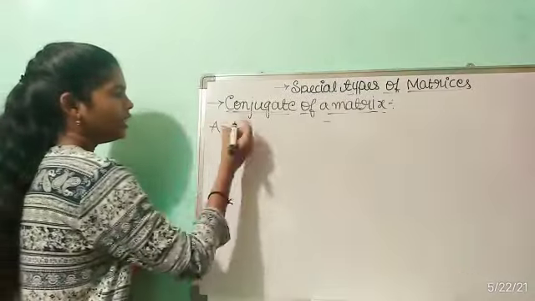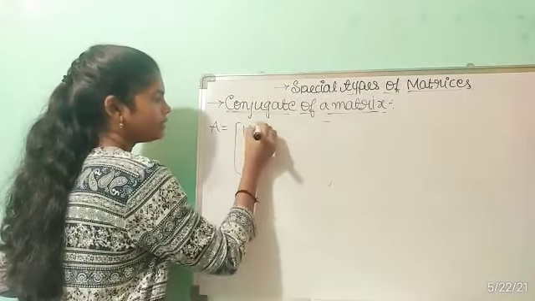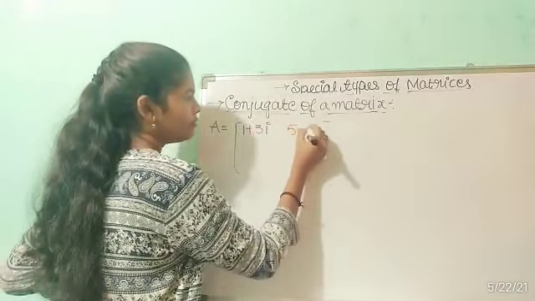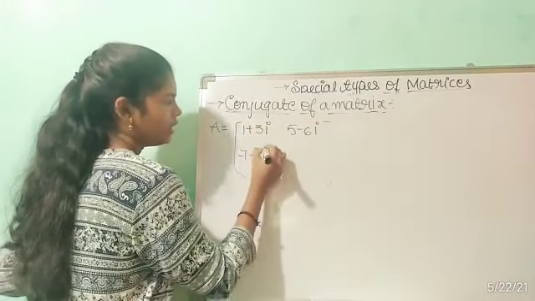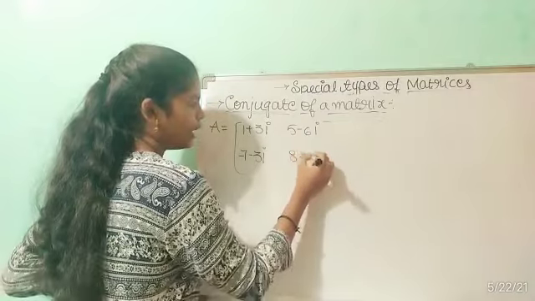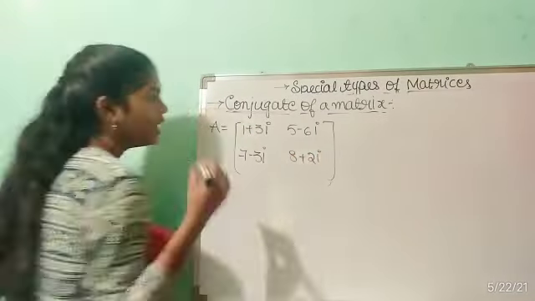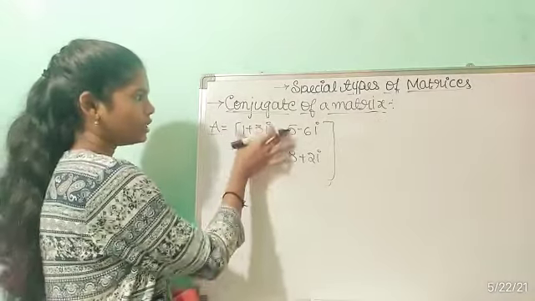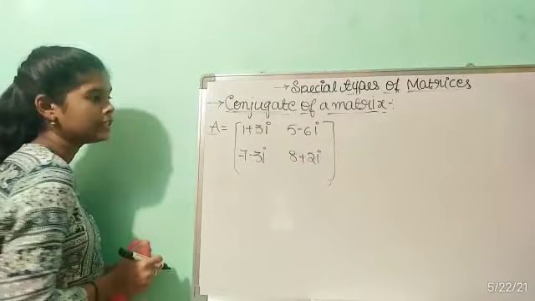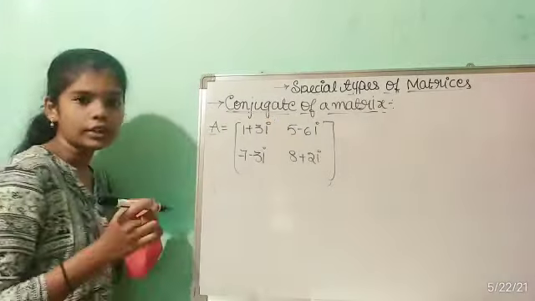A is equal to [1 plus 3i, 5 minus 6i; 7 minus 3i, 8 plus 2i]. If we are given a matrix A like this, with all complex numbers, then how do we find the conjugate of this matrix?